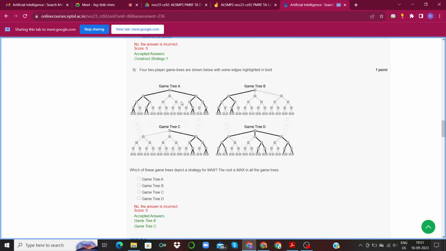Otherwise, usually we just choose one of the children of max. Game tree A chooses two children of max, so this is not right. Game tree D chooses three children of max, so not right. Game tree B chooses one child of max and all children of min, so this is correct. And similarly for game tree C. So B and C are the correct options.